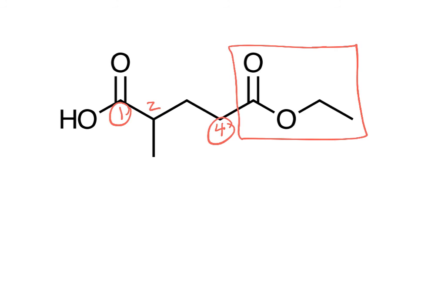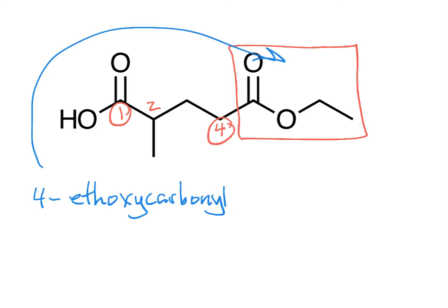So I have a 4-carbon chain. And so now the name of this is going to be, at carbon number 4, I have what we will call an ethoxycarbonyl group. All right, so that takes care of literally everything that I put in that red box. So it's ethoxy because there are 2 carbons there, and then the carbonyl terminology takes care of everything I just put in that blue box.